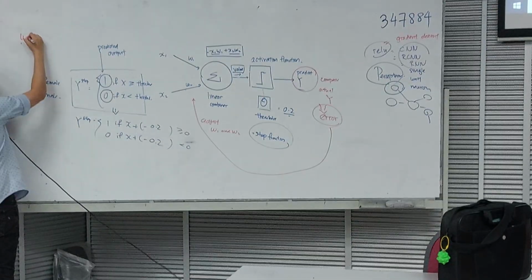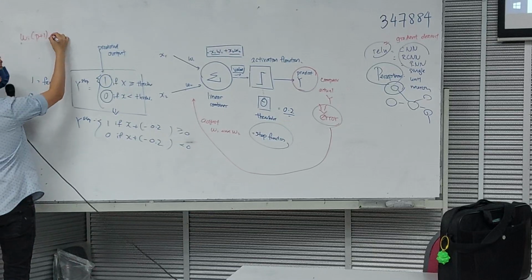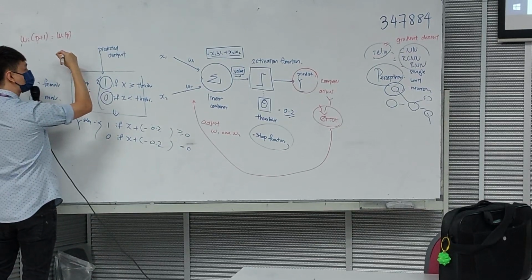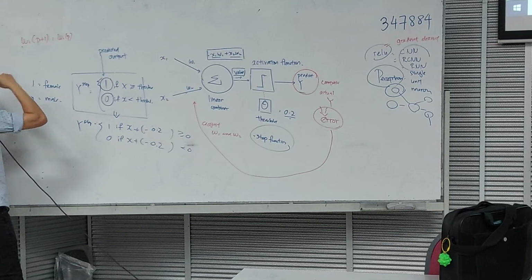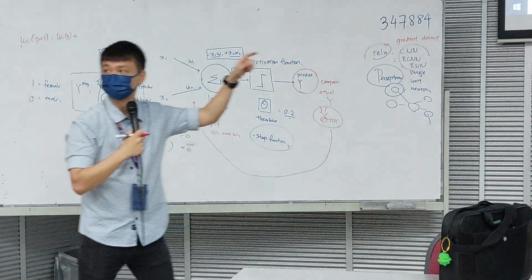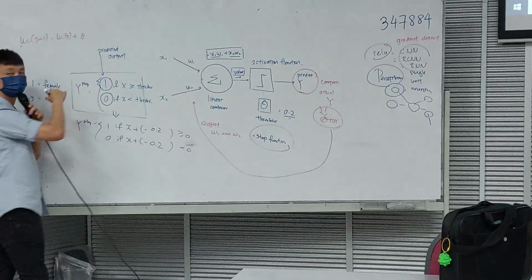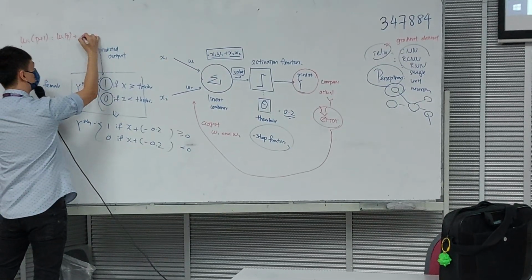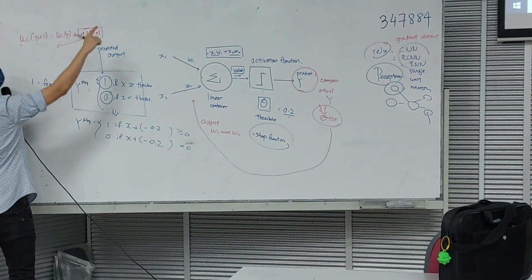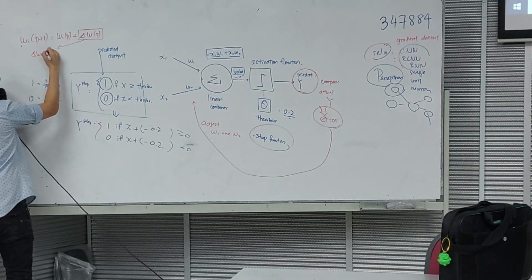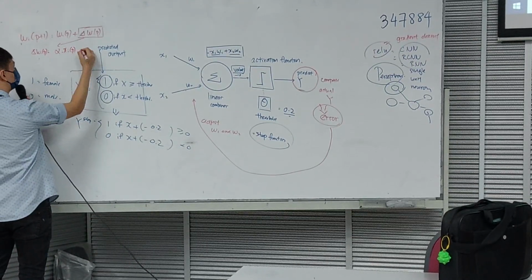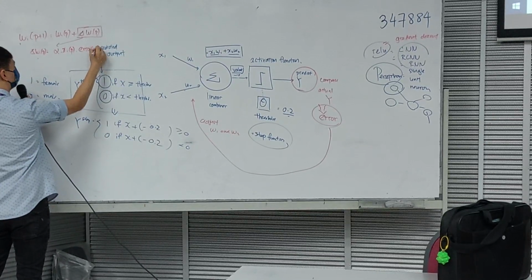It should be W1(p+1) equal to W1(p) plus delta W1(p), which is equal to alpha multiply x1(p) multiply the error at this p.